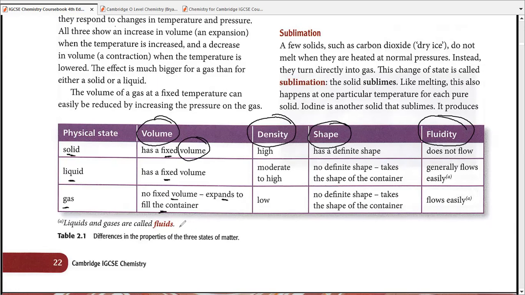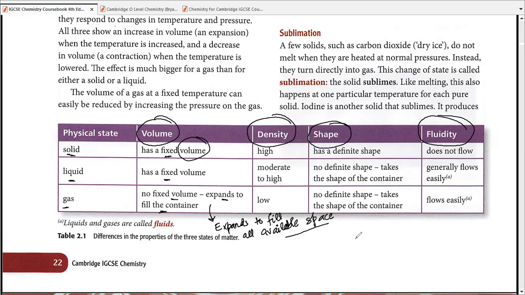All right. We also use the phrase for this specific one: expands to fill all available space. Now, instead of filling up the container, which is a more childish term, talking about all available space gives you the idea that the gas might not be trapped in a small container every time.